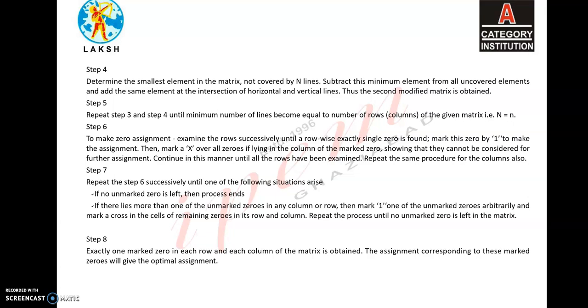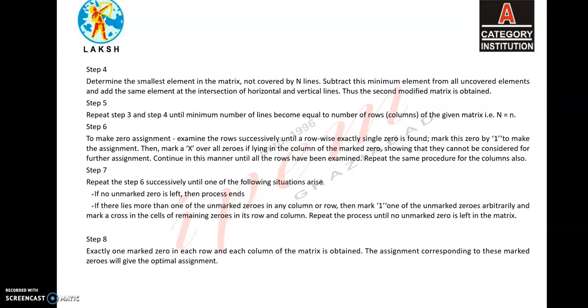Again, this is an iterative procedure, since we repeat the same steps till the optimum solution is obtained. Step number 6, mark a 0 assignment. Step number 7, repeat step 6 successively until either of two situations arises. First, if no unmarked 0 is left, then stop the process.